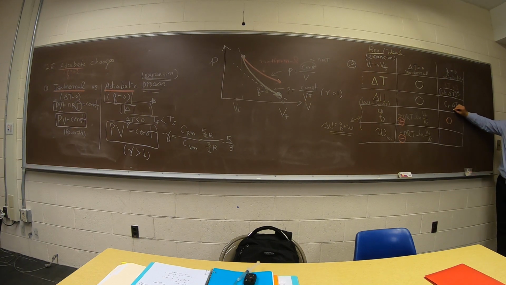And once you know the final temperature, delta T is your final temperature minus your initial temperature. So you need to calculate that from here. But once you get the delta T, that's really the key, right? This is really the key.